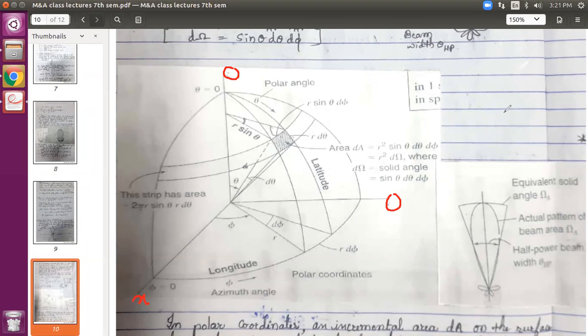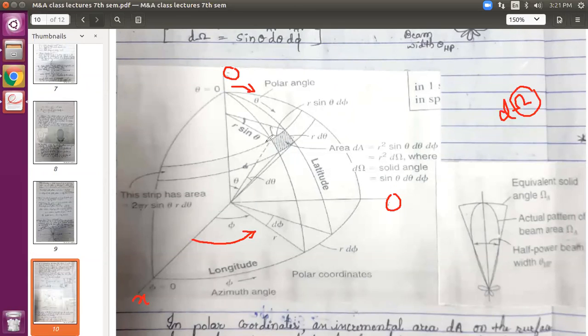Just now I told you d omega is the fractional incremental value of omega, your beam solid angle. Whenever we come across a spherical coordinate system, this is the direction in which theta is measured, and this is the direction in which phi is measured. For our pattern and beam width, theta and phi are both very important.